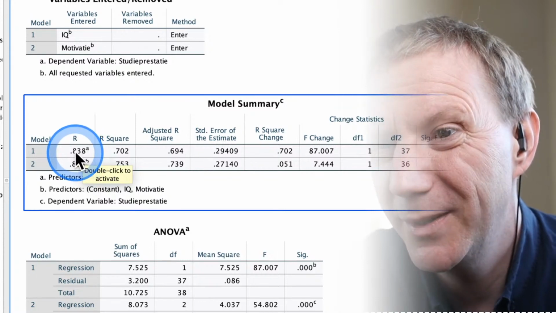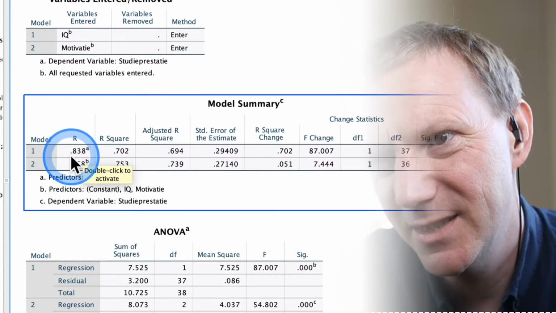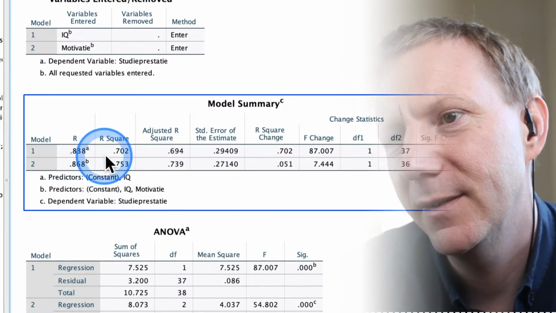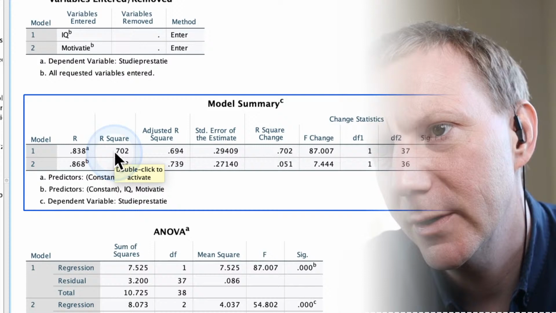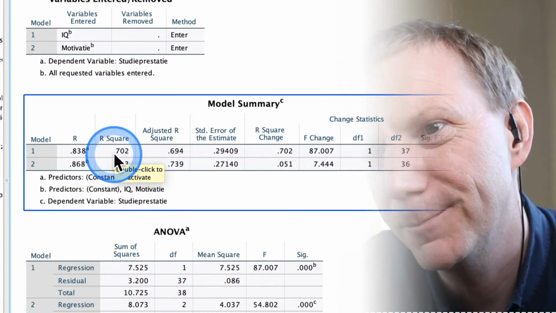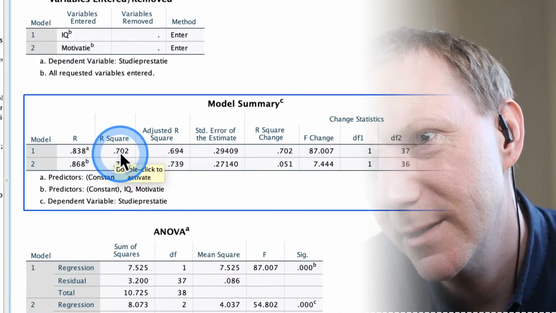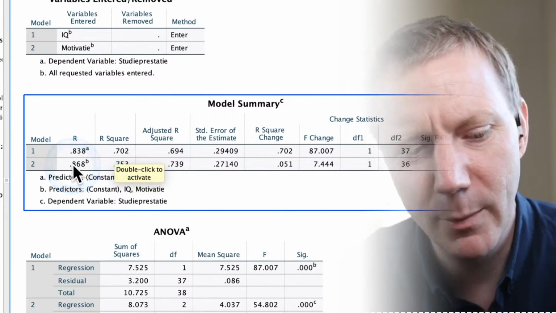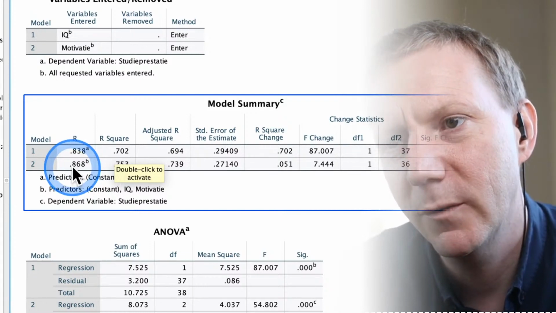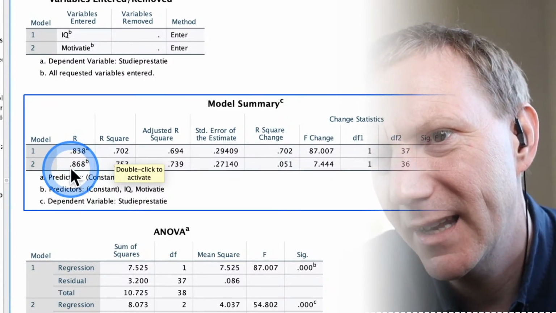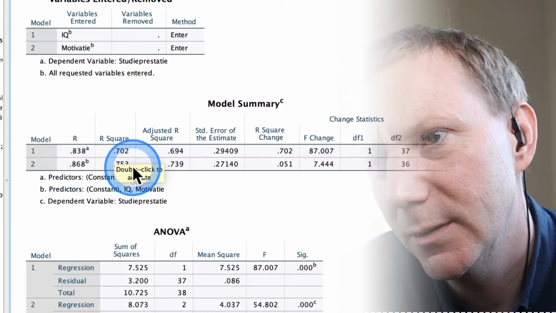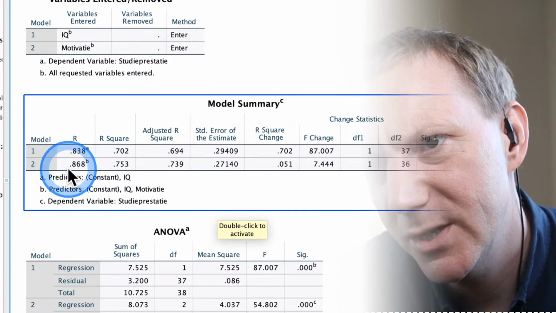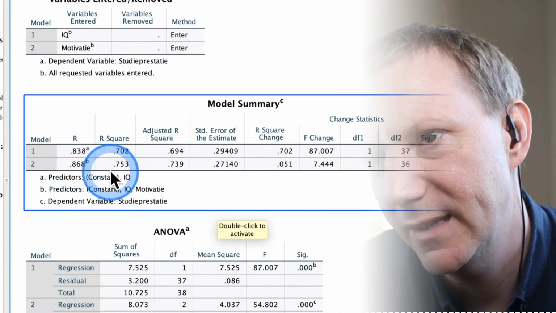The correlation between the model with only IQ and the outcome is 0.83, and the amount of explained variance, so we square that correlation, is 70%. If I add motivation and have them both in the model, I can explain 75% of the variance, and the correlation is 0.868.